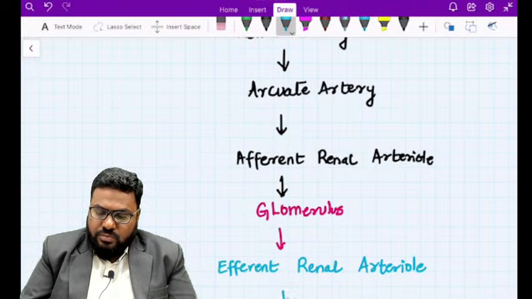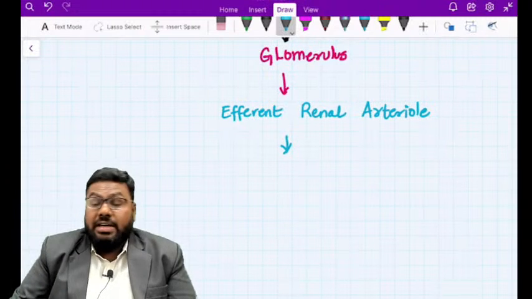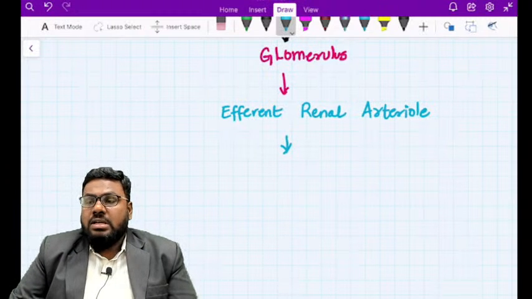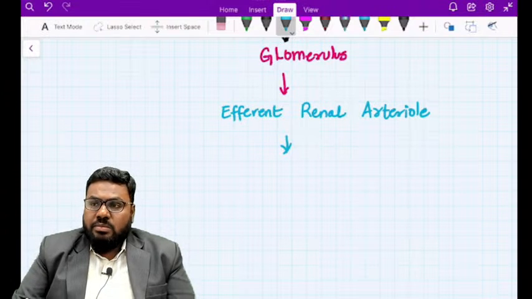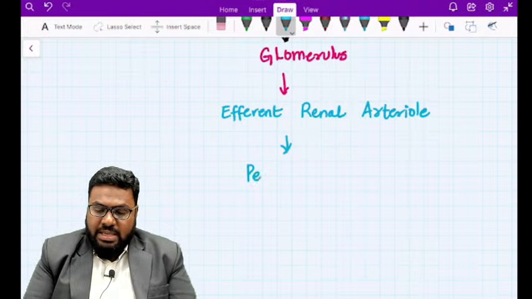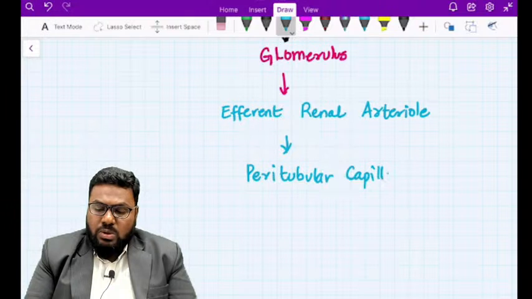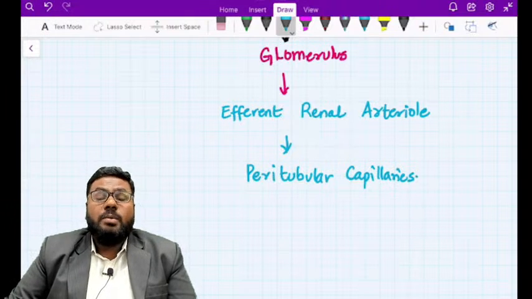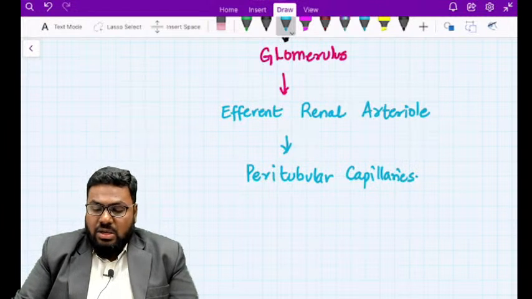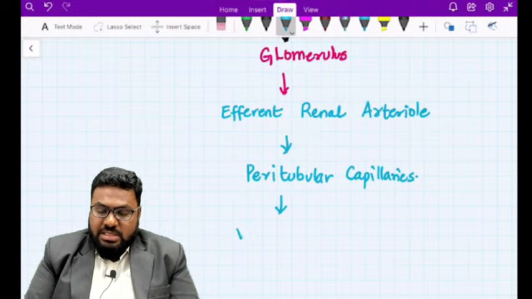then now the blood has to reach the vasa recta. All right, so from the peritubular capillaries, what is vasa recta? Yesterday I told you that the tuft of capillaries surrounding the loop of Henle, you call it vasa recta. So from the peritubular capillaries, the blood reaches the vasa recta.